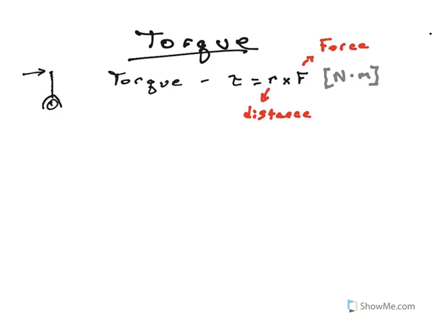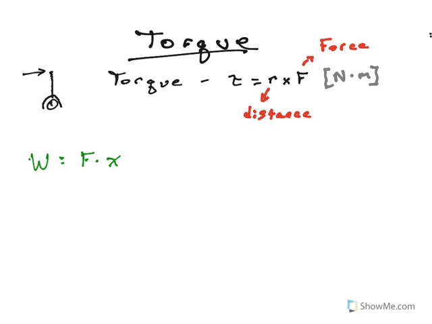Now, if you think about it, we've already had a thing in physics which is defined by an equation which is force times distance. If you remember, we had work. Work, we had force times distance.